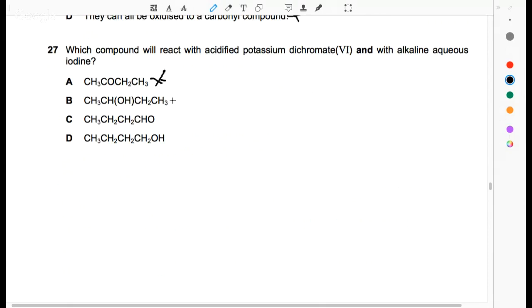Yeah, B can't be, right? Because it's not a primary alcohol, so it can never be acidified. No, but it can react with acidified potassium. So it's not acid. But the alkene with aqueous iodine means the CHI3 thing. Yeah, so that would give you.